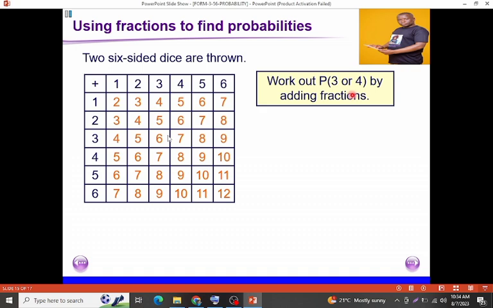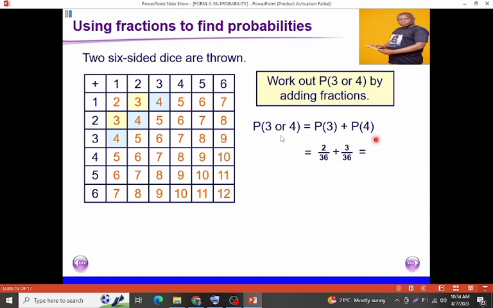Can you work out the probability that it is a 3 or 4 by adding fractions? So you count how many 3s are there and how many 4s are there. And what is the sample space? This is 36. So the probability that it is a 3 or 4 is the same as the probability that it is a 3 plus the probability that it is a 4.